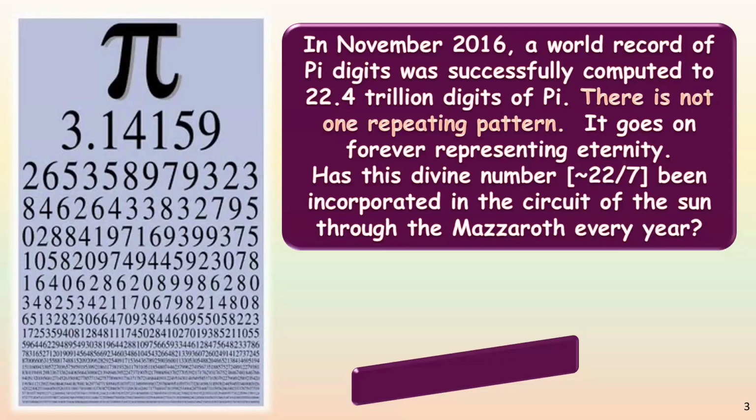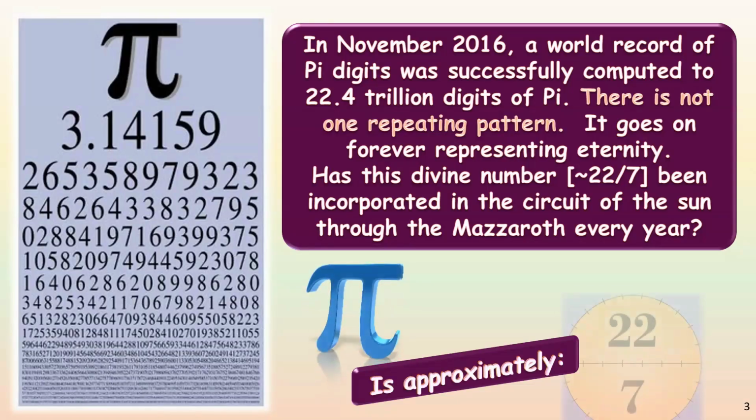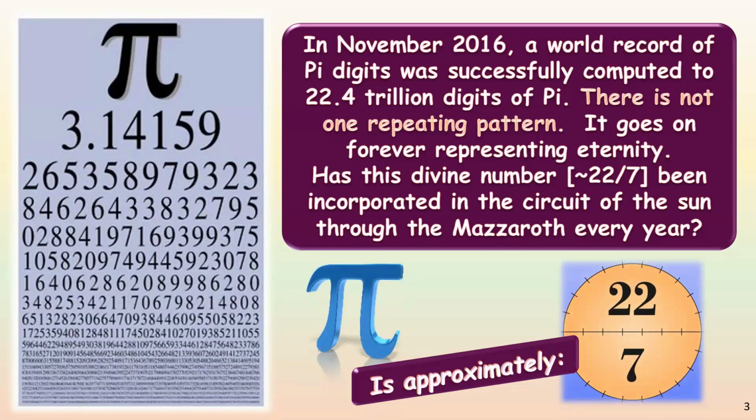It goes on forever, representing eternity. Has this divine number, which is approximately 22 divided by 7, been incorporated in the circuit of the sun through the Mazzaroth every year? What do you think? Remember that pi is approximately 22 divided by 7.